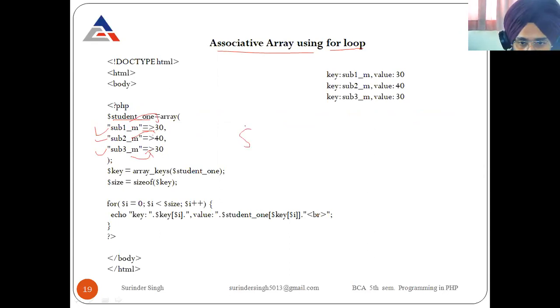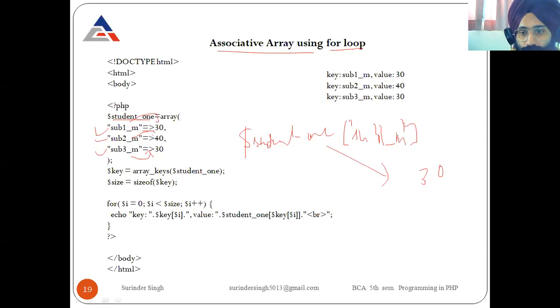Clear? If you write the array name student1, and in the brackets subject1_m in string form, this will print 30. If you pass subject2, this will print 40. Clear?